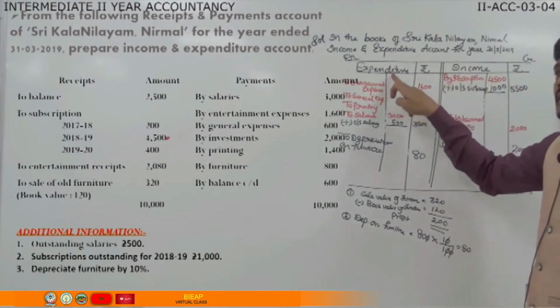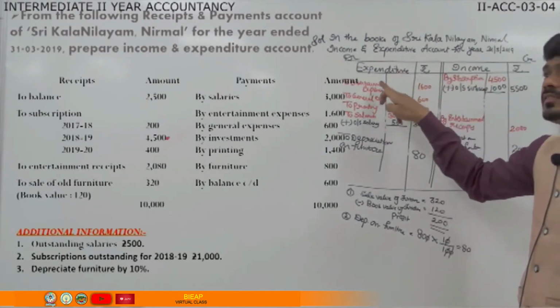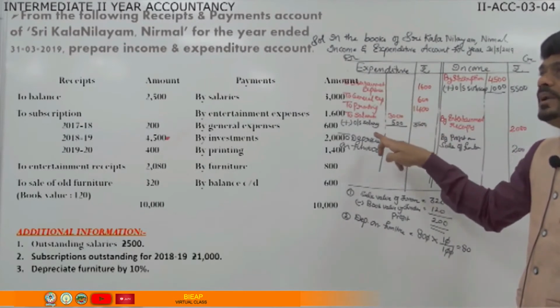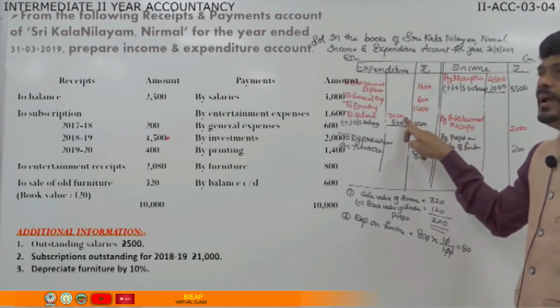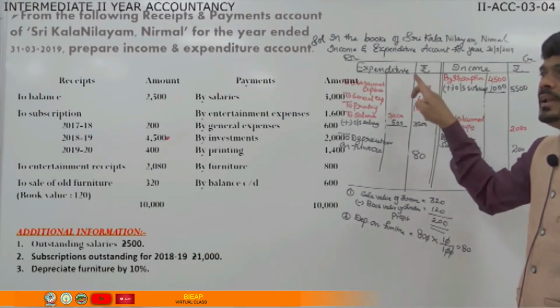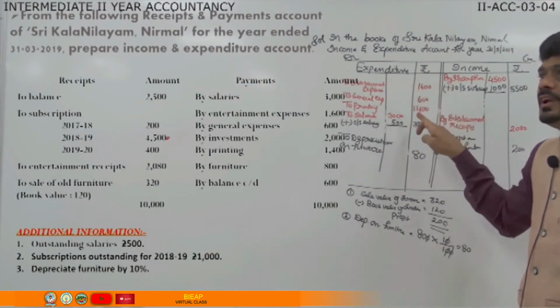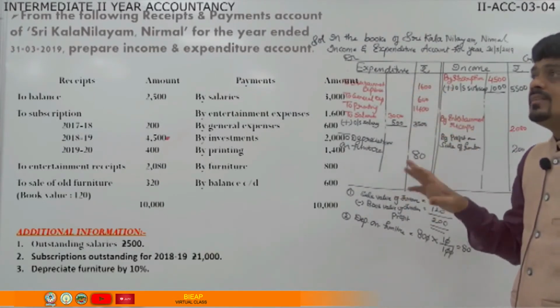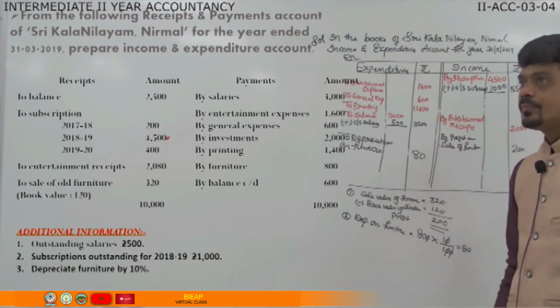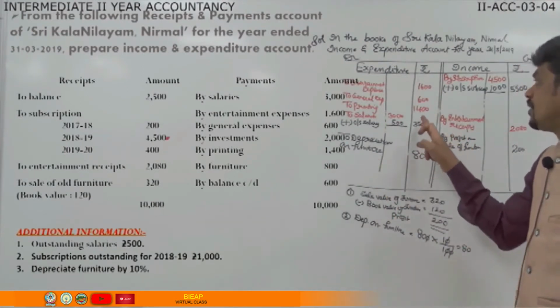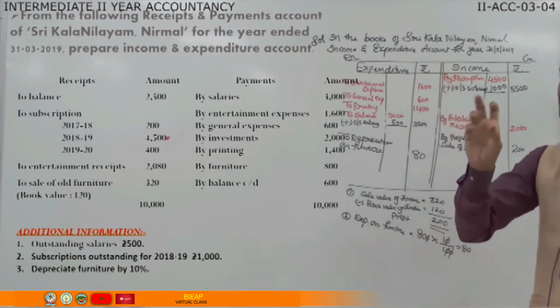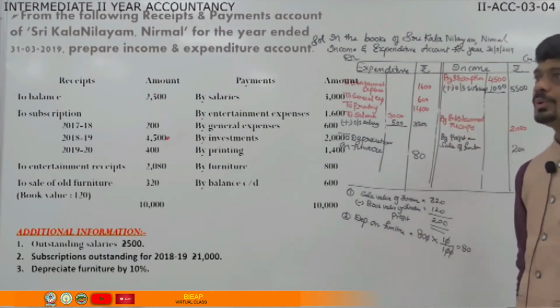Like that, payment side. Salaries are expenditure. Having adjustment, we took in inner column. Then entertainment expense, general expense, investments are asset, so we ignored. Printing, expenditure we took. Then furniture, only the depreciation amount we took.